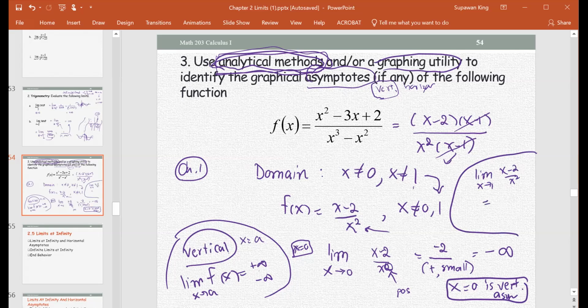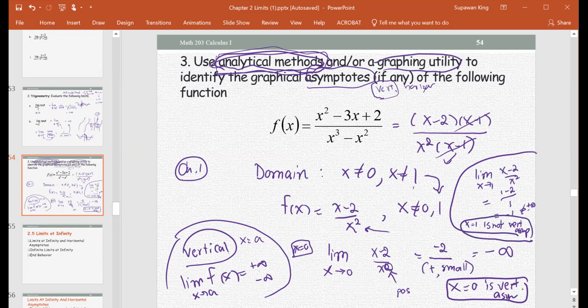We do direct substitution for the denominator, and it is not 0, so you get a real number as the limit value. 1 minus 2 on the top becomes negative 1, which is not positive or negative infinity. Therefore, x equals 1 is not a vertical asymptote.